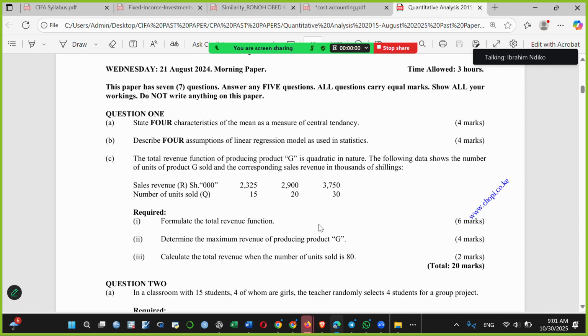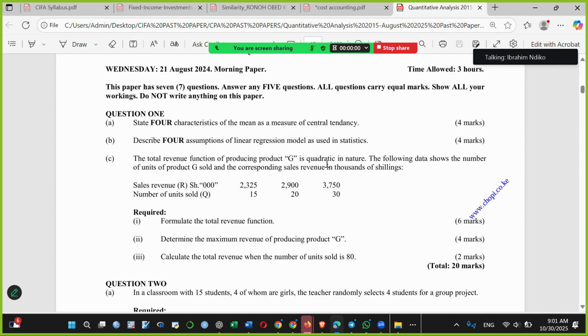Then when the sales is 750, the units is 30. We are supposed to come up with the revenue function, the revenue maximizing units, and then calculate total revenue when the number of units sold is 80.